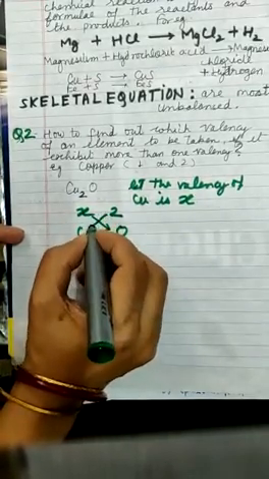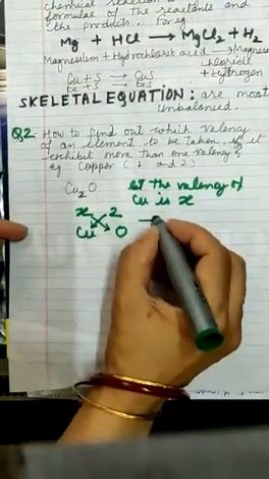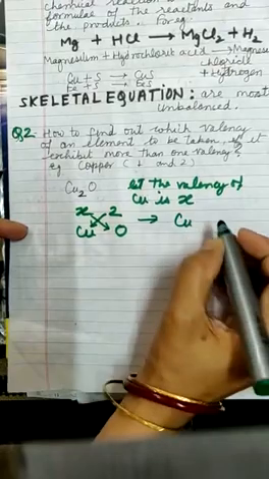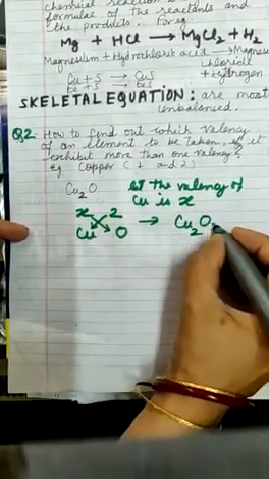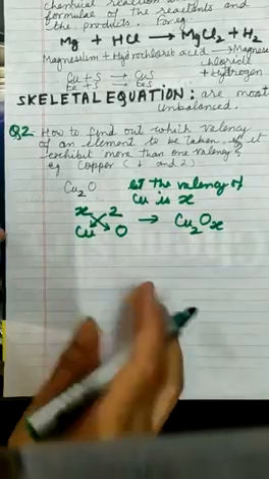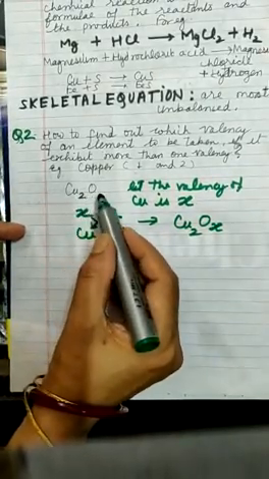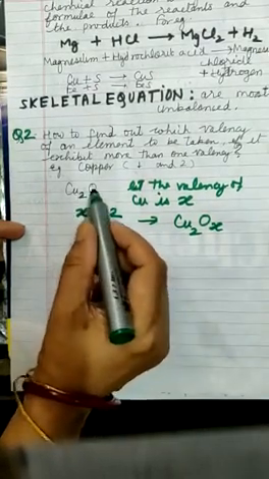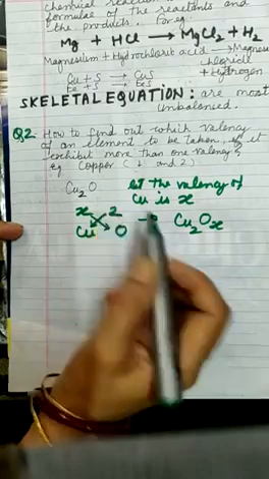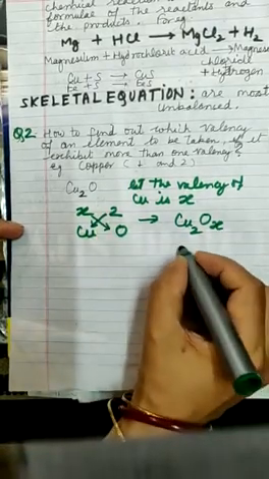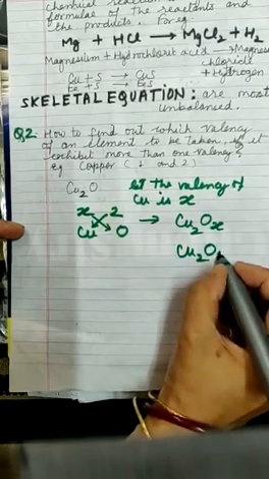Now, after exchanging the valency, the formula will come as Cu2OX. Now, here compare with this formula Cu2O. In this, O is 1 because nothing is written, it means O is 1. So here X should be what? 1. Cu2O1.